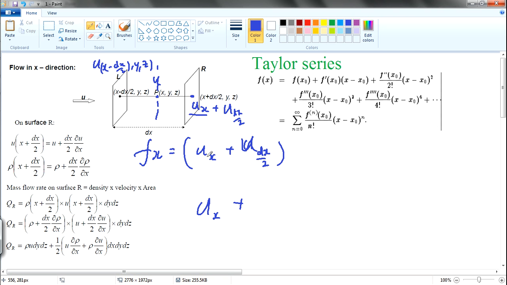So this ux stays the same because this is the main thing. There is no change in u dx over 2, so we skip it, plus the differentiation, f prime x naught.